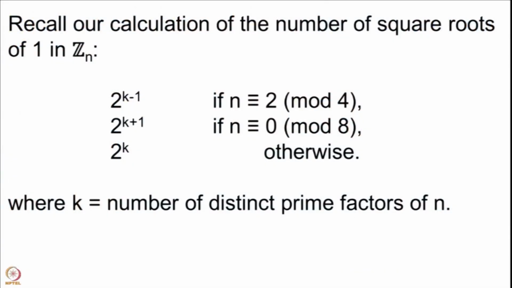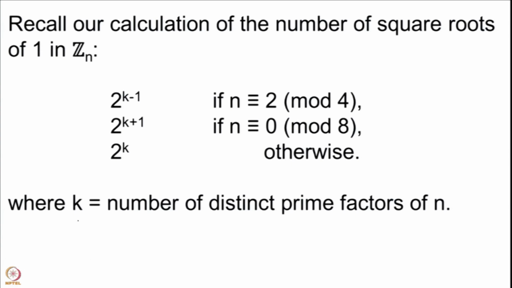The groups which can be cyclic are among the remaining ones, and we will study them one by one. That is our plan. So, now let us look at the UN which cannot be cyclic, and therefore, we will have to recall the number of square roots of 1 that we have already computed. These are the number of square roots of 1 in Zn, and if you remember, this was the exact description.